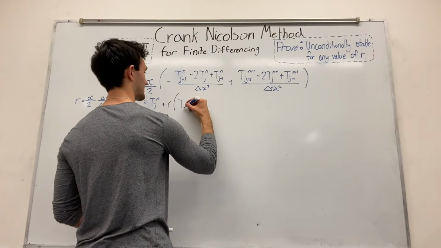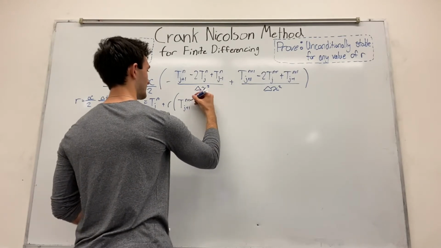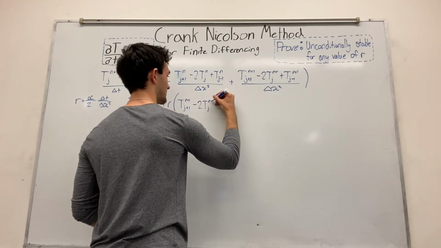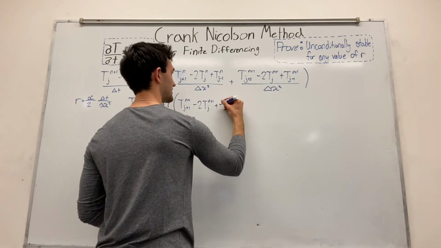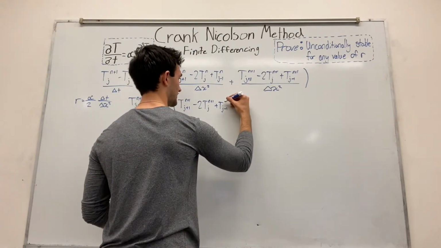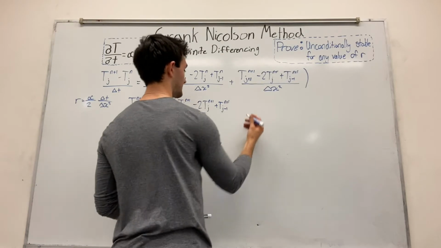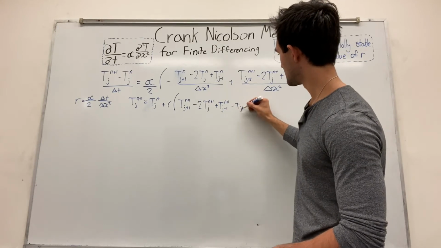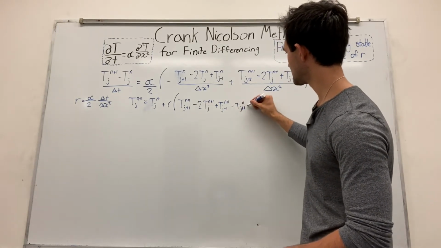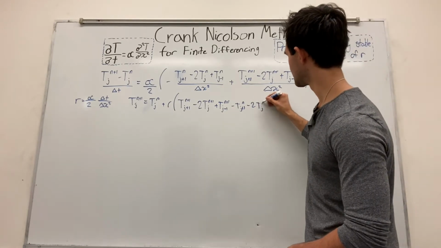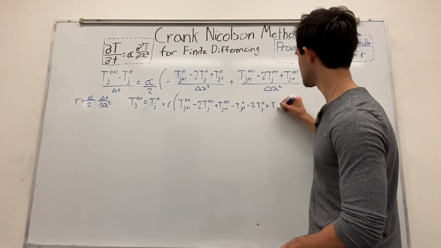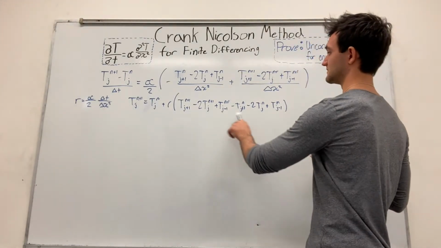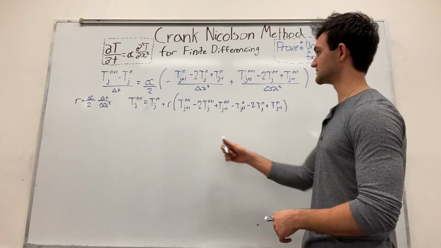So the temperature of the block in front, one time step ahead, minus 2 times the temperature of the block of interest, one time period in front, plus the temperature of the block to the left, one time period in front. And then again, it's all subtracted by your temperature one block in front at the current time, minus 2 times the temperature of the block of interest at the current time, plus the temperature of the block to the left at the current time. The reason you can't actually condense any of these terms further is because they're at different time periods.